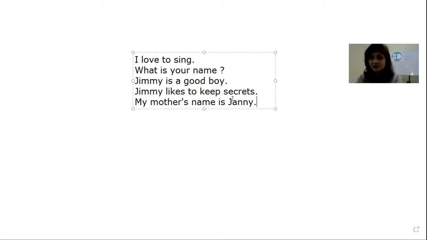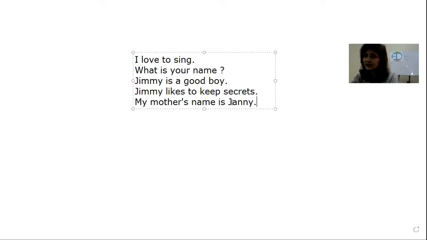So always remember that whenever we are writing something and there is some special name in that sentence, that special name is also written with a capital letter. Now, my mother, I've started the sentence with a capital M. My mother's name is Jenny, but Jenny is a special name, right? It's a proper noun.